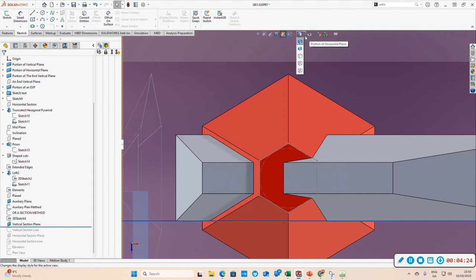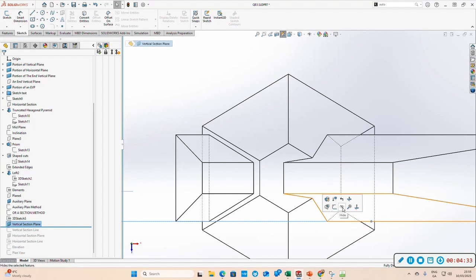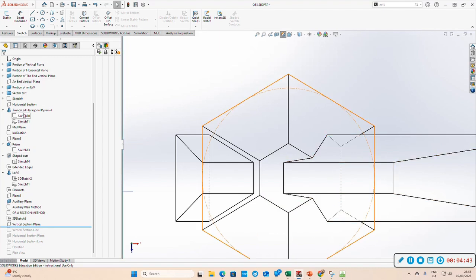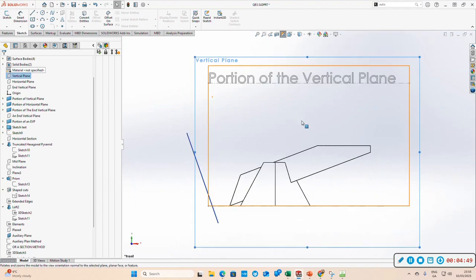I'll turn on section detail. Now, am I happy? I'm definitely happy with my plan and my elevation. I'm happy with my elevation.